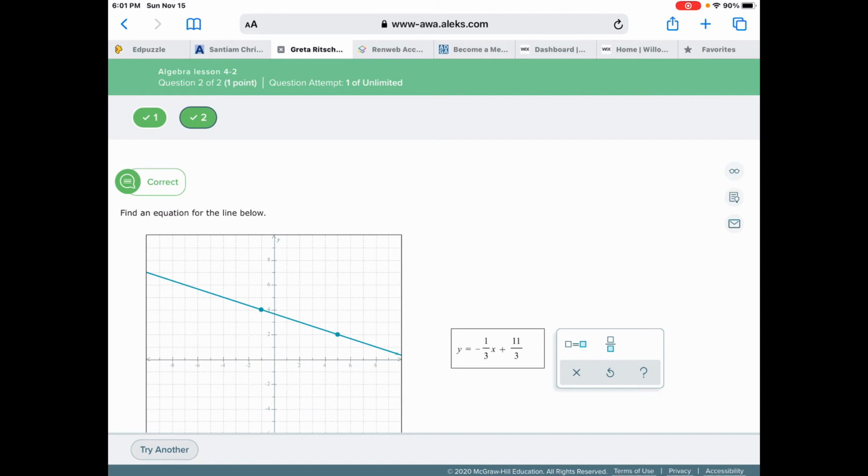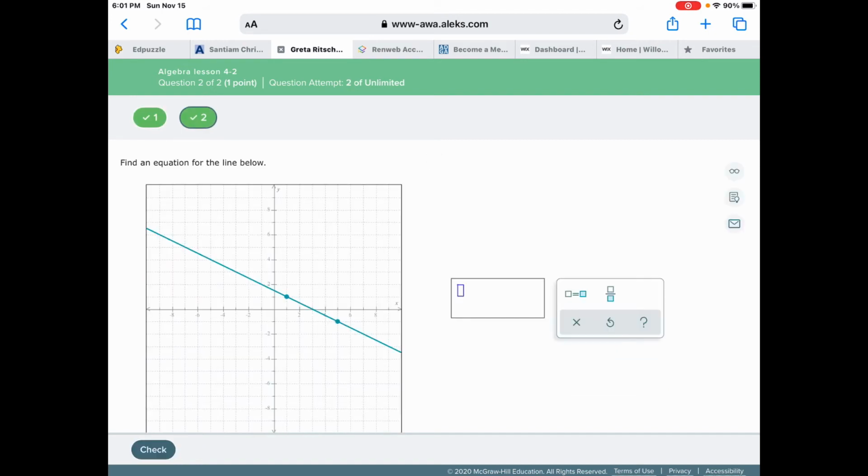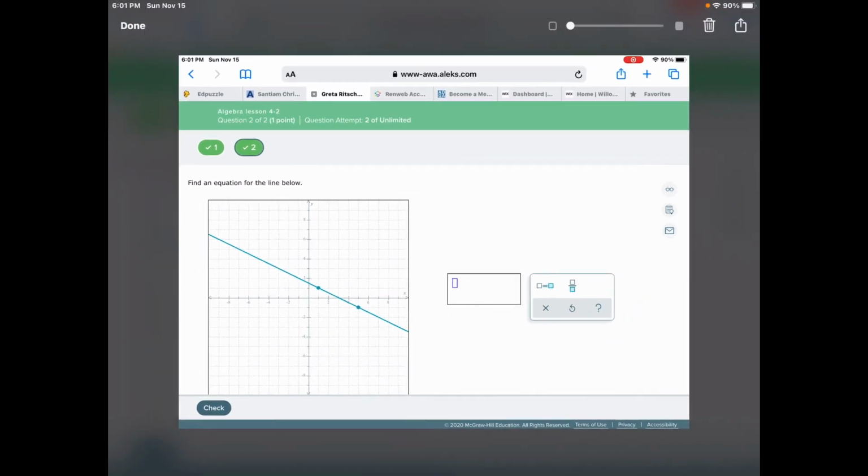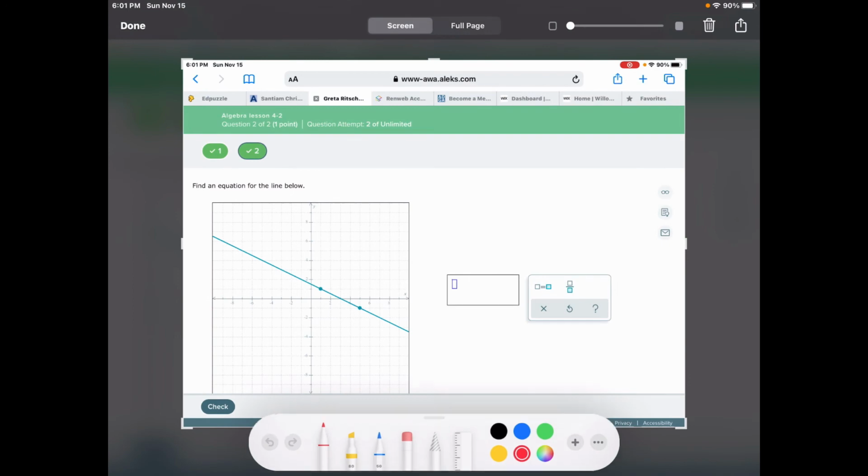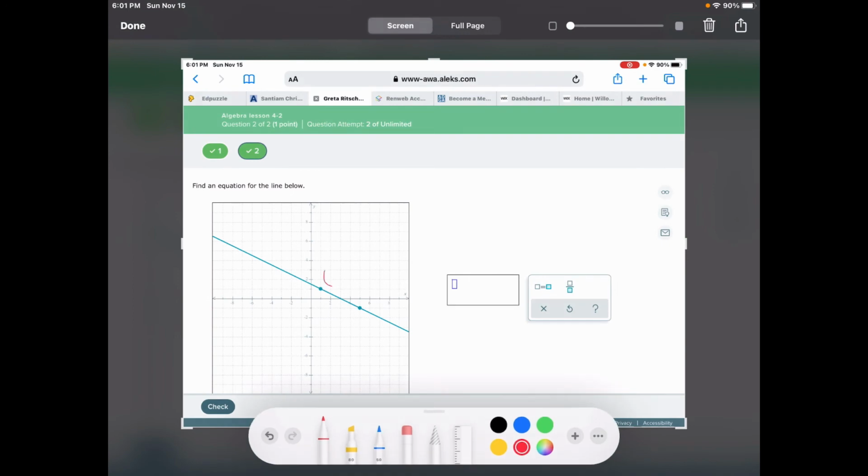That was correct. I'm going to do another one, and if you're feeling great, you don't need to watch it, but just in case you would like to see that again. All right, so this point right here is at 1 and 1, and this point right here is at 5 and negative 1, and I could do the slope formula, or I could look at the graph.